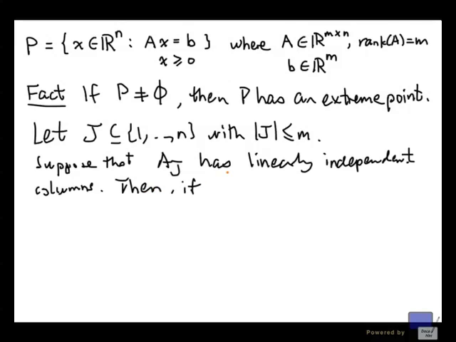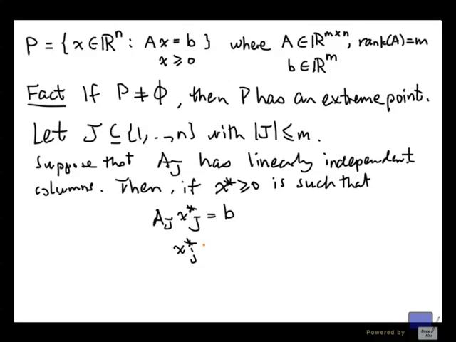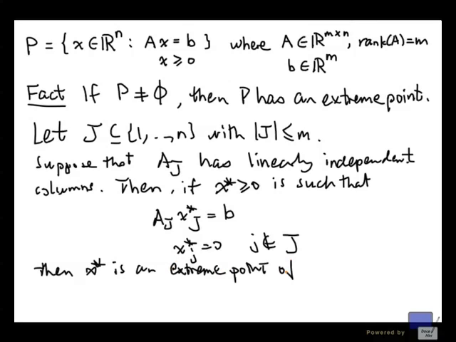Then if x* ≥ 0 is such that A_J x*_J = b and xj* = 0 for j not in J, then x* is an extreme point of P.